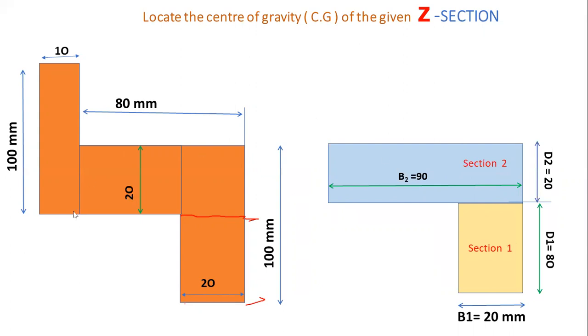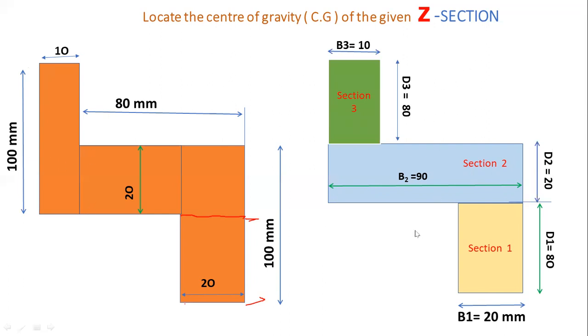Now you have to consider this vertical rectangle as section 3, from here to here only. So therefore the base B3 equals 10 mm and depth D3 equals height 100 mm minus 20, equal to 80 mm.